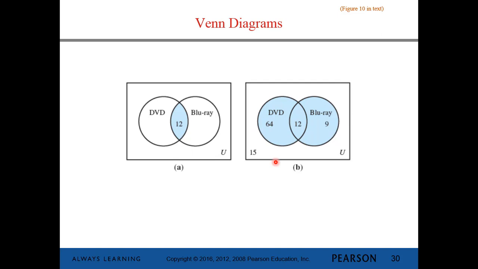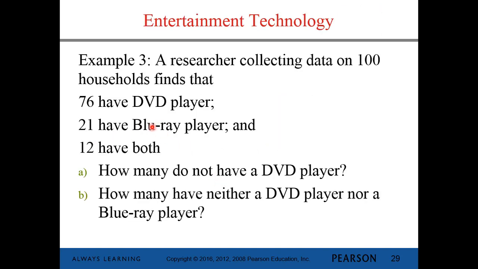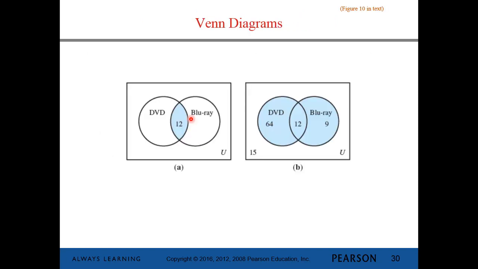And then we're going to take the other piece of information, that 21 people have a Blu-ray player. We know, over here, that this circle should be 21. So these two regions should add up to 21. If we know that there's 12 here, then we subtract, and we find out that there's 9 outside here. Okay, so now watch what happens. Now we can add all three of these regions.